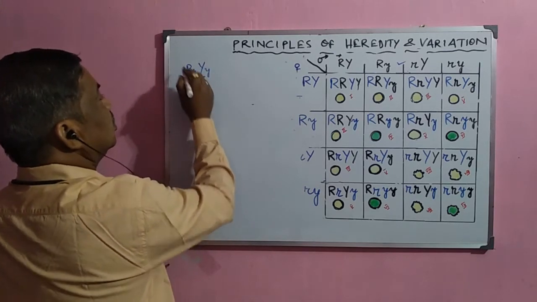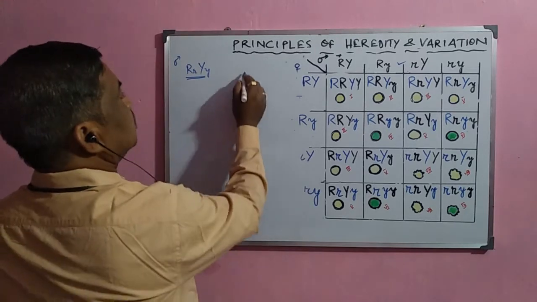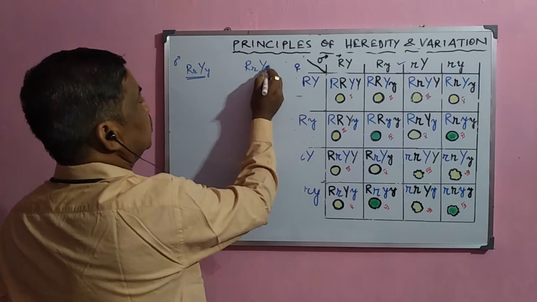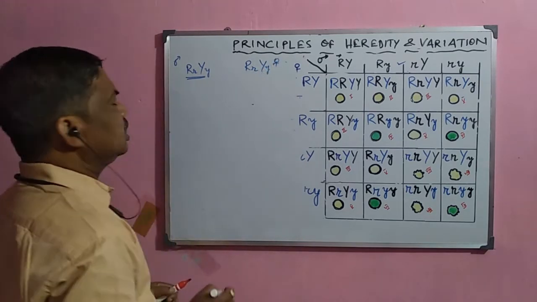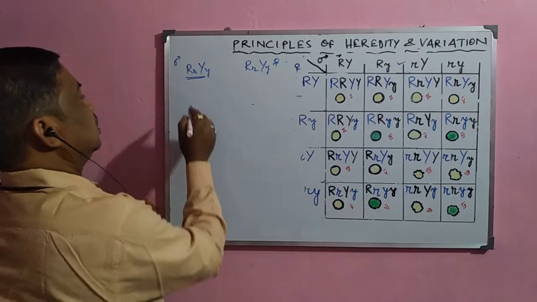This is taken as the male plant, and another plant, R, Y, is the female plant. Now, what are the different types of gametes which are formed here?